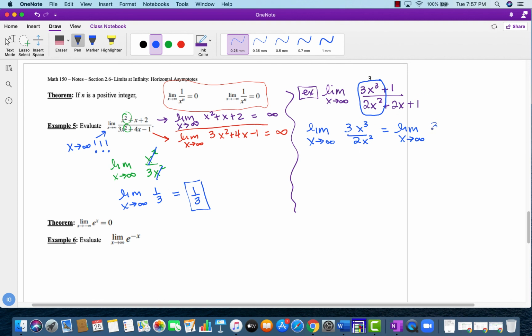So I will have 3/2 x. Now if I take the limit of this, this is a linear equation. It's a straight line. So as you go to infinity, when you're trying to take the limit, the line is going to keep going, right? And it's a positive slope, so it's going to go up forever and ever. So the limit is going to be infinity in this case.